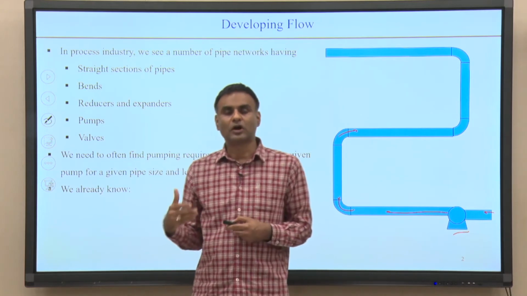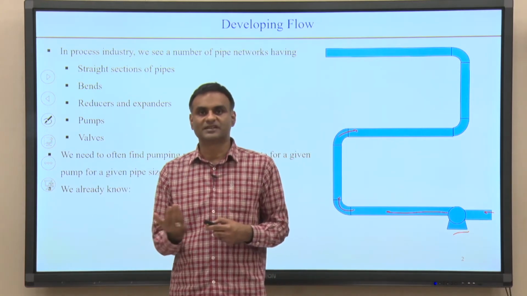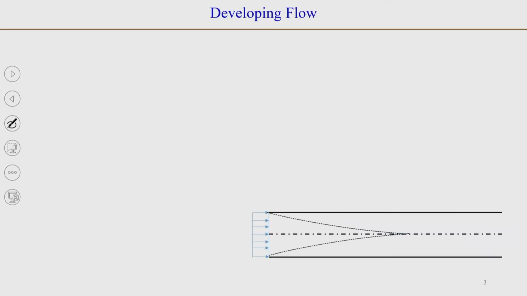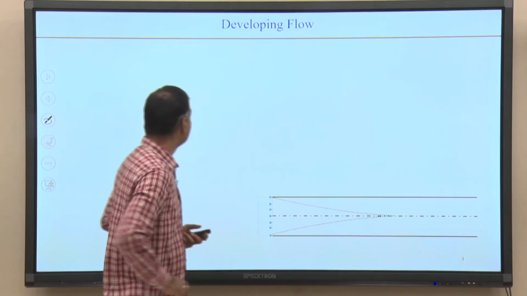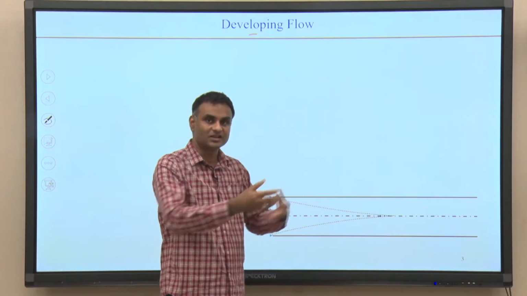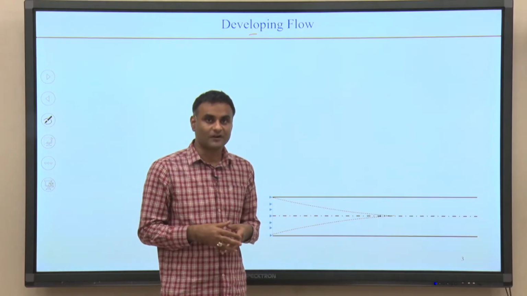But even when talking about laminar flow, what we discussed is fully developed flow. So, before we talk about the pressure loss, we will just touch upon the topic of developing flow. Say you have a pipeline in a river.